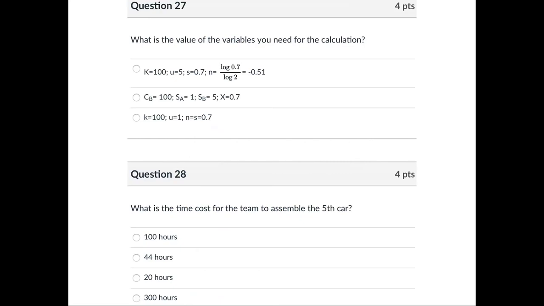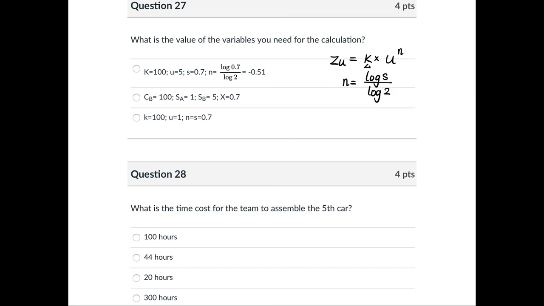Now, what are the values of the variables you're going to use in that equation? Okay, so let's just write that equation here. So Z_U is K times U to the power of N. N is log of the learning rate over log 2.